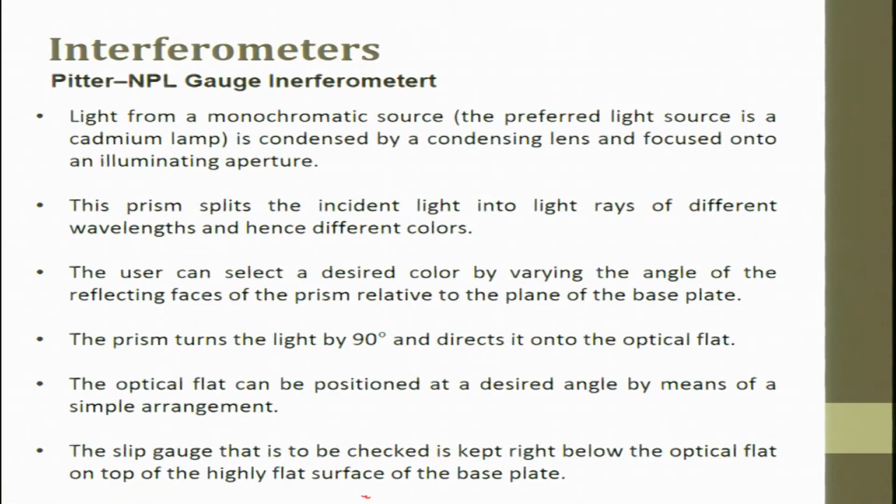Discussing the instrument: light from a monochromatic source is condensed by a condensing lens and focused onto an illuminating aperture. This prism splits the incident light into rays of different wavelengths, and hence we get different colors.